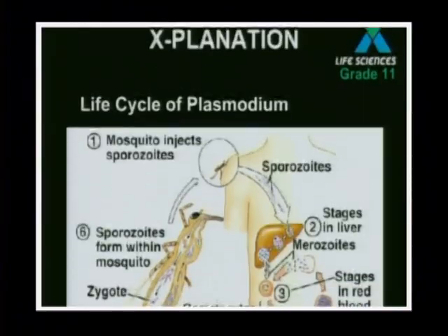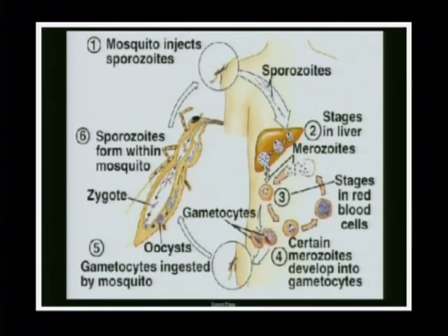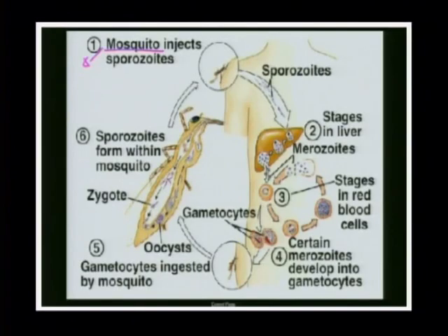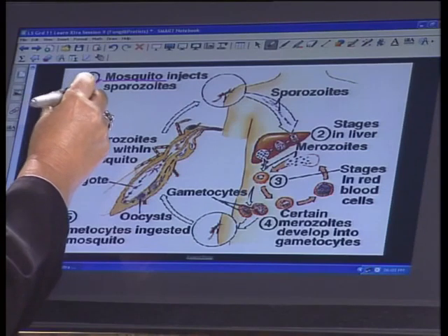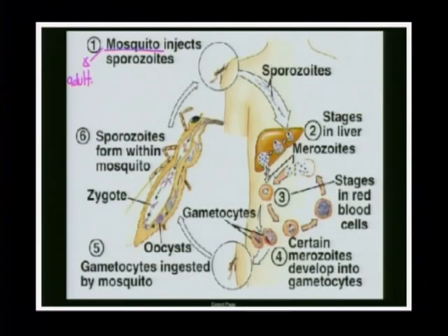The life cycle of the malaria parasite is a particularly interesting one because this malaria parasite, or Plasmodium, uses two hosts. Host number one is the female Anopheles mosquito, and it is in this host that the parasite spends its adult phase.